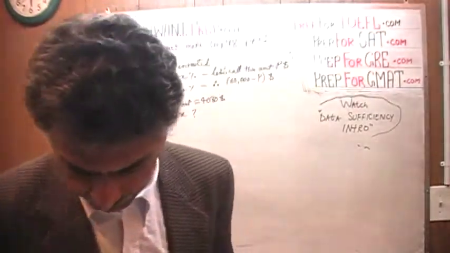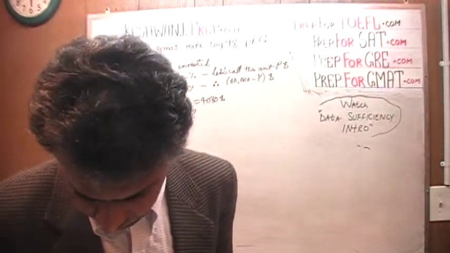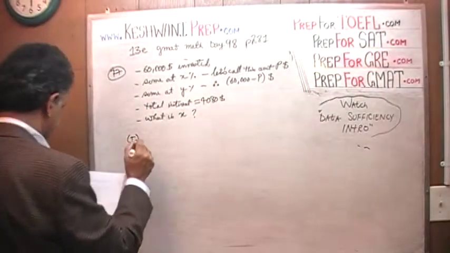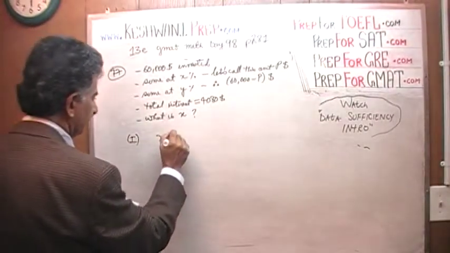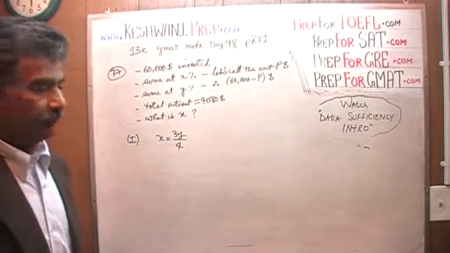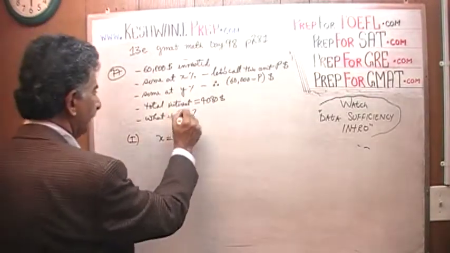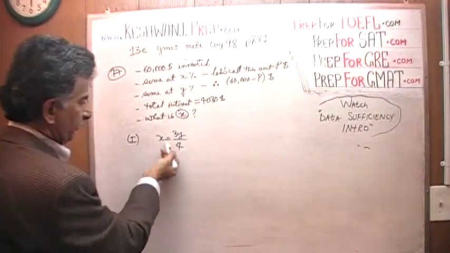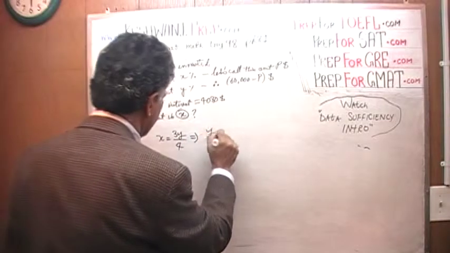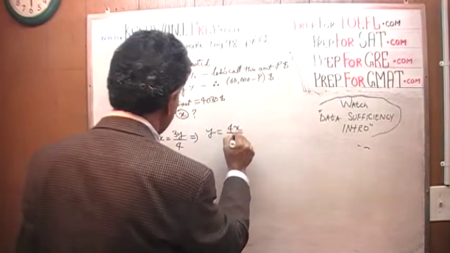Let's see what they tell us. The first statement tells us that X equals 3y over 4. Now, since we are interested in solving for X, I'm going to solve this equation for Y and see what we can do here. So that implies that Y equals 4x over 3.